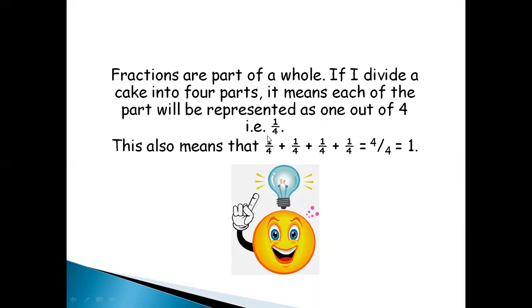If I add all of these together, it should give me 4 over 4. And you know that 4 divided by 4 is 1. So the addition of all these 4 parts will give me 1 whole. So that is what a fraction simply means, dividing something into parts, a part of a whole.